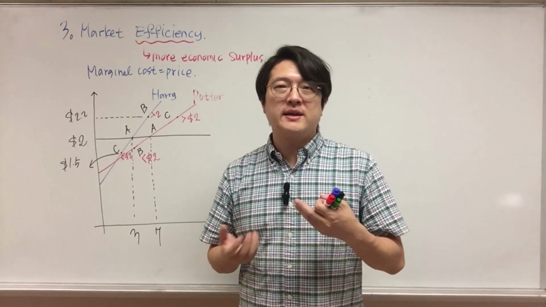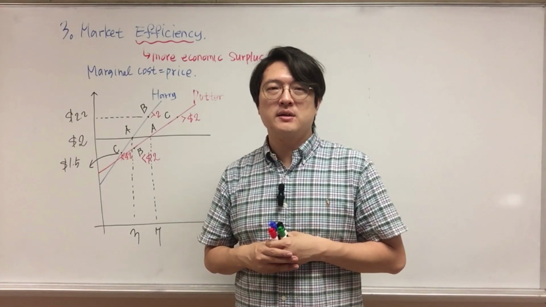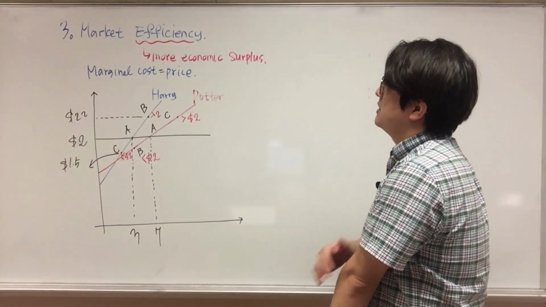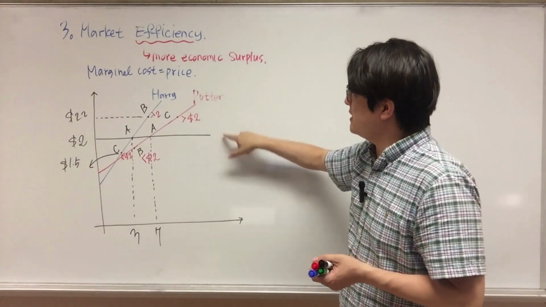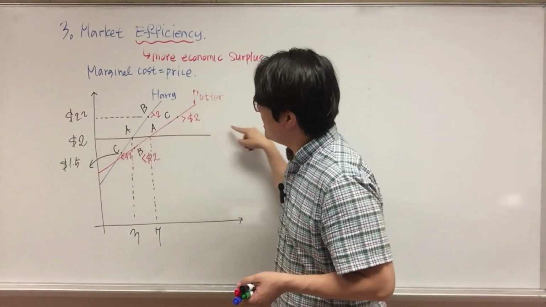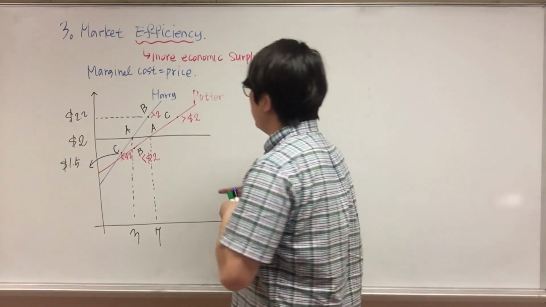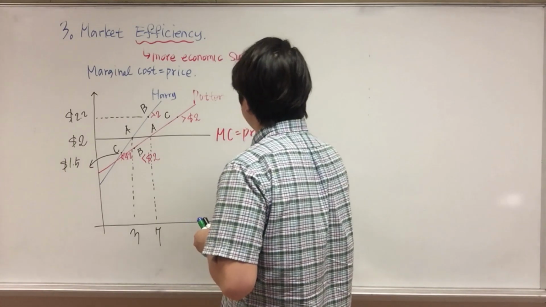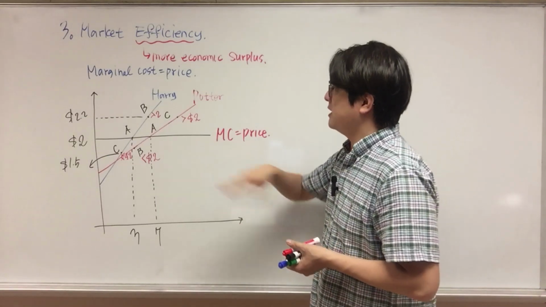So we can realize that it is not efficient, right? So what is the efficient point? As you know, marginal cost is equal to price. Where is it? This line. If the point is on this line, we can realize that it is efficient, which is where marginal cost equals price. So Harry and Potter can provide the quantity supplied at $2.